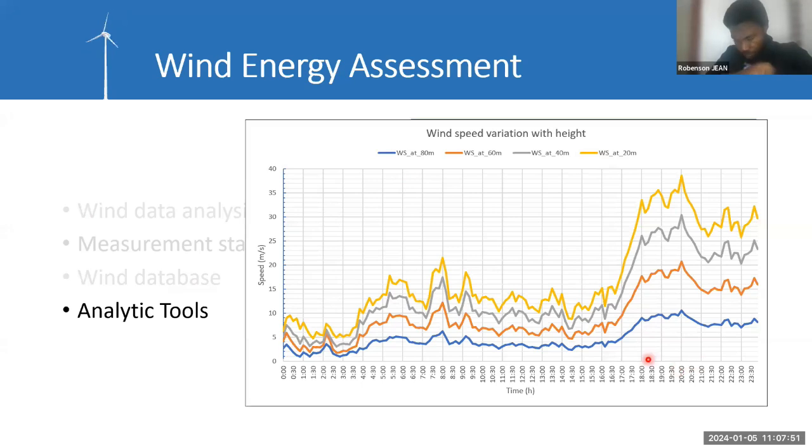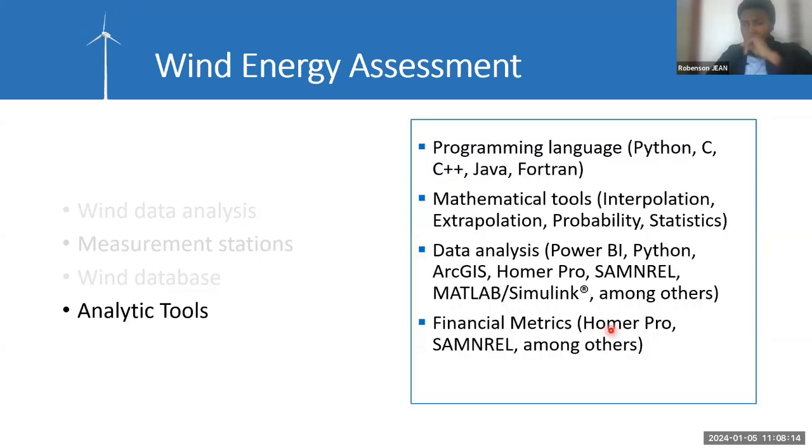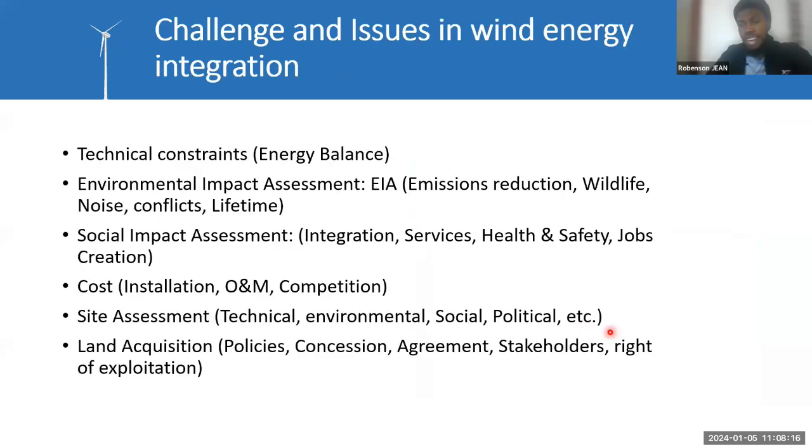So let's consider that this is at 20 meters, 40 meters, 60 meters, and 80 meters. So what happened here, we can see when we are closer to the ground level, the wind speed is lower. But when we are getting higher, the wind speed is getting higher. So this is what we can see from this kind of analysis.